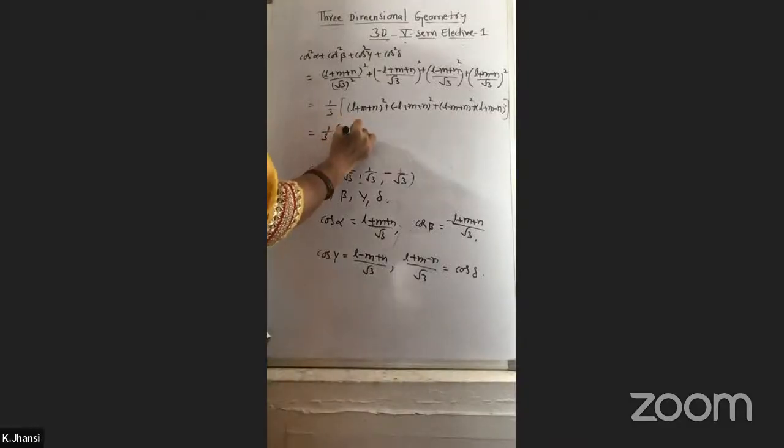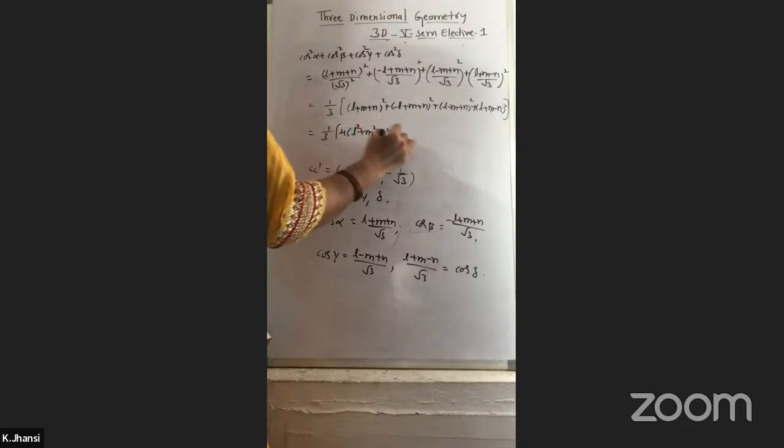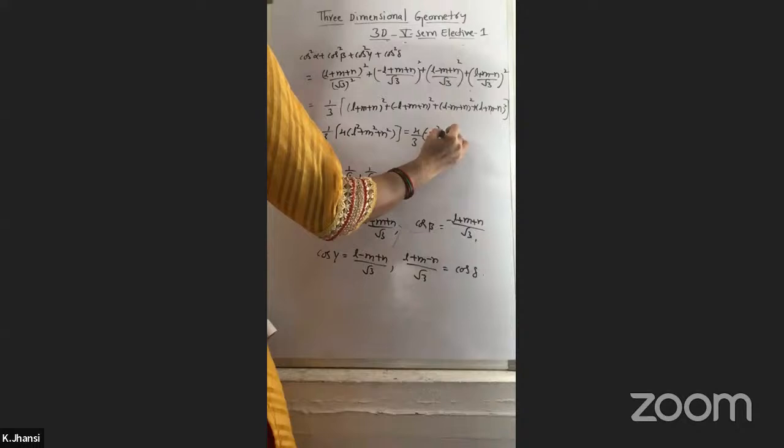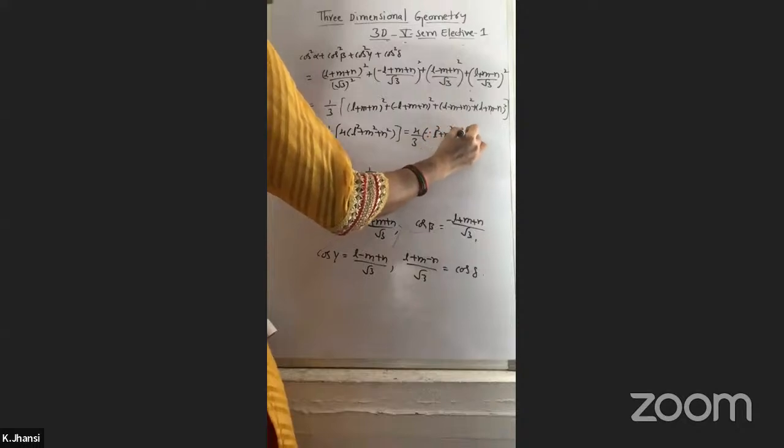So we'll get 1 by 3 into 4 into l square plus m square plus n square. Now, we have seen earlier the relation that l square plus m square plus n square is 1. So it is equal to 4 by 3. Like this, you have to prove the theorem.